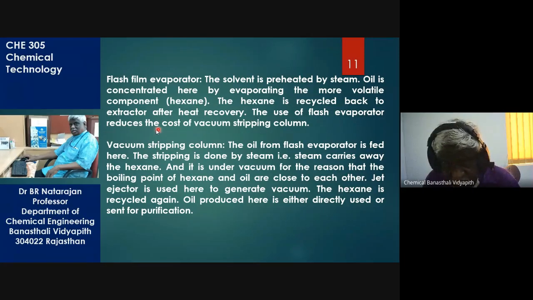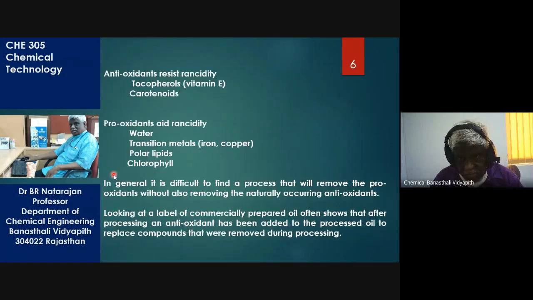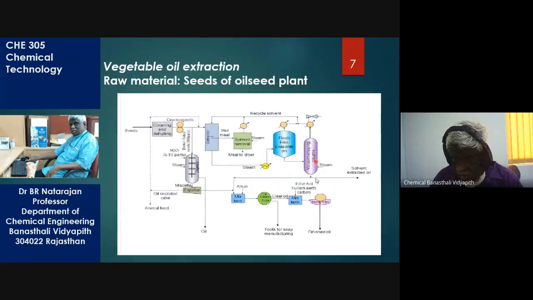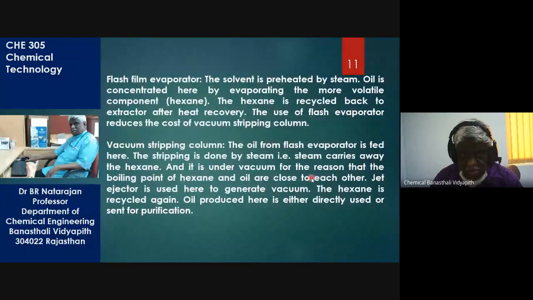The use of flash evaporator reduces the cost of the vacuum stripping column. Then vacuum stripping column, the oil from flash evaporator is fed here. Vacuum column. The stripping is done by steam.